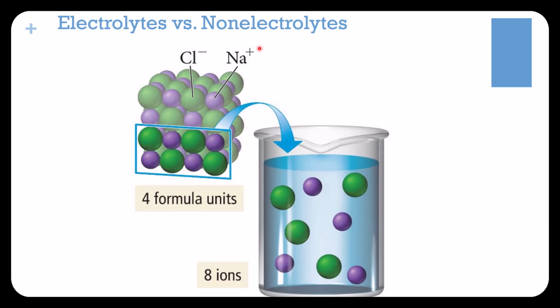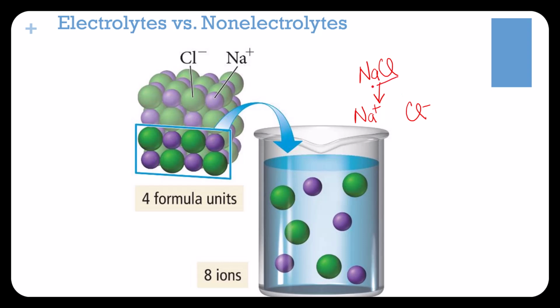Sodium chloride is sodium and chlorine attracted to one another through electrostatic attraction. When I put a sodium chloride particle into solution, it will dissociate or break apart into its ions. So if I look at one sodium chloride, when I put that sodium chloride into solution, it's going to break apart into a sodium ion and a chlorine ion. Okay.